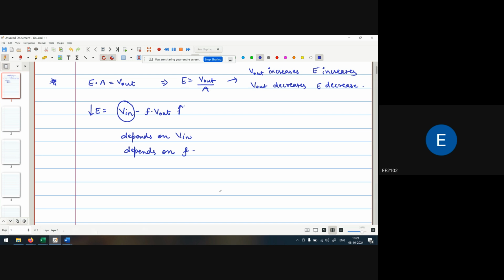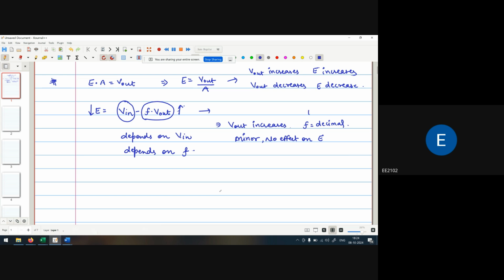So if we say that from this equation V out increases, and F value is in decimals, so the effect of this one is negligible. Okay. So minor, or we can say no effect on E.